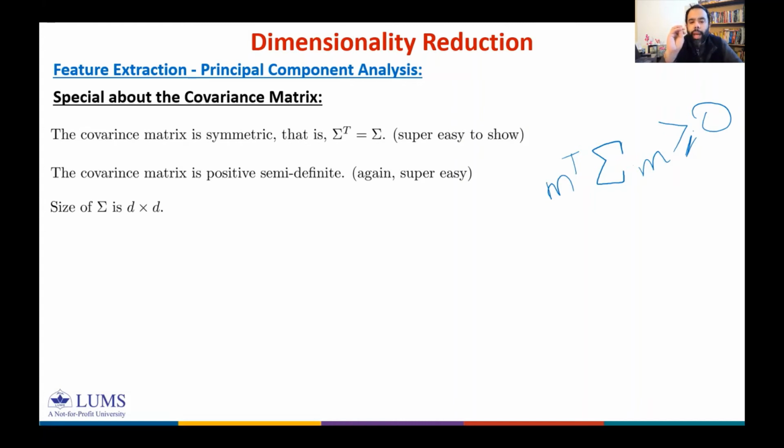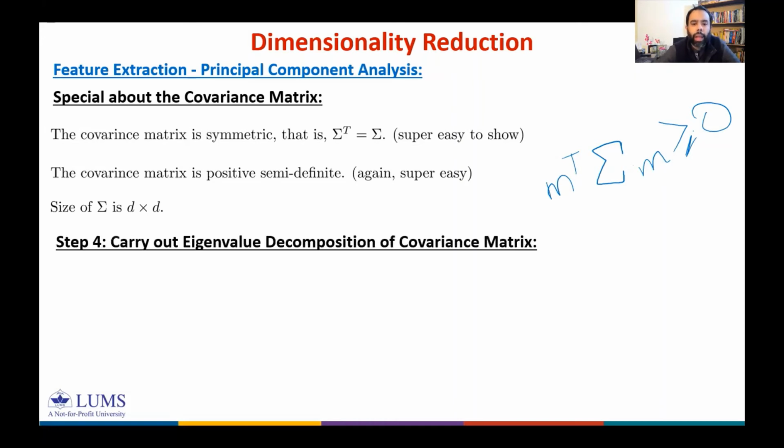Once we have this covariance matrix, that was step 3. We started from X, we obtained S, and using S, we obtained the covariance matrix. And once we have the covariance matrix, we carry out eigenvalue decomposition of it. For any symmetric matrix we have this eigenvalue decomposition.